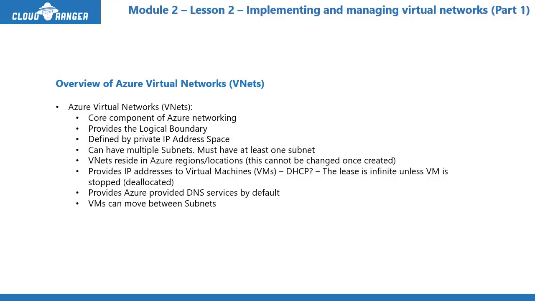Okay, I put DHCP with a question mark over there. Let's say on premises you create a network today and you hook up a server, or you connect your desktop or laptop, depending on what network it is. Someone should give you an IP address, because without the IP address you cannot do anything.